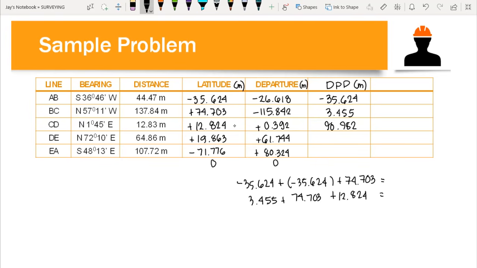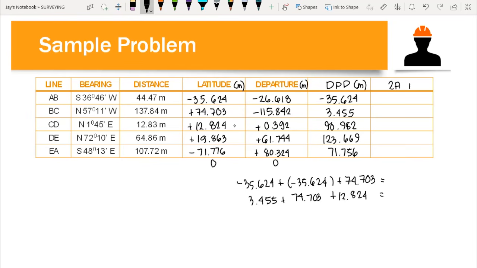So using the same procedure again, we have the DPD value for line DE, which is 123.669. For the line EA, we have 71.756.